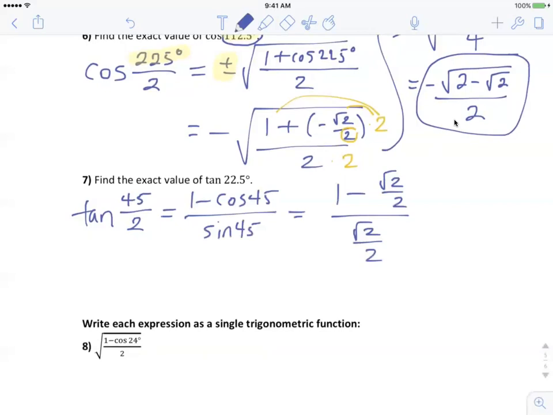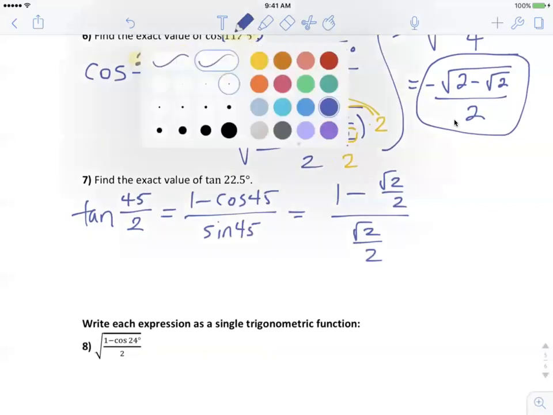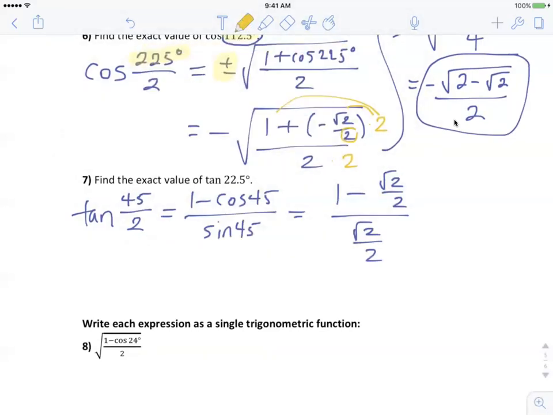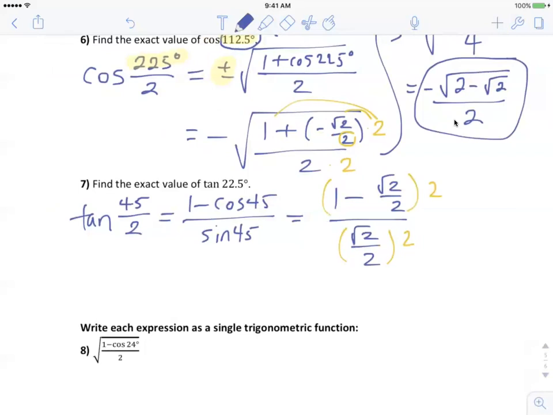And then finally, we gotta times both these by 2 to get rid of those complex fractions, and then maybe a rationalization after that. So let's see, what's that going to end up being? If I distribute that 2, I'm going to have 2 minus root 2 all over root 2.